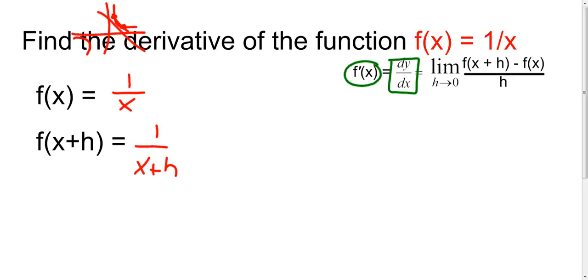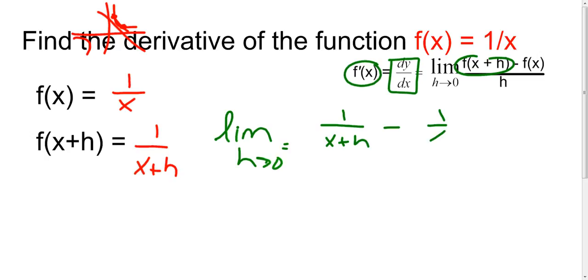If you see those two things in your directions in your book, it's asking you to find the derivative, and you can do that by doing this, okay? f of x plus h, we already know, is 1 over x plus h. f of x is 1 over x, all over h.